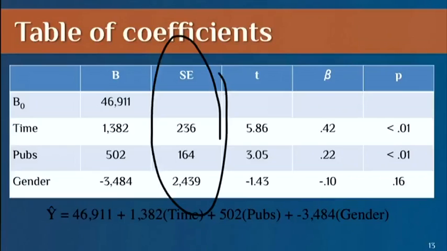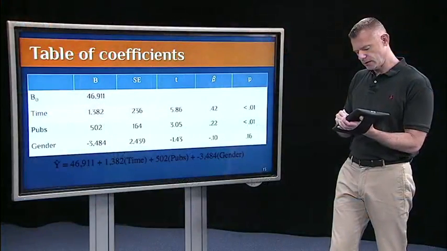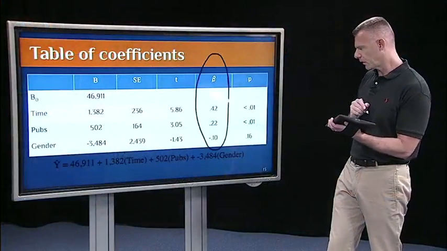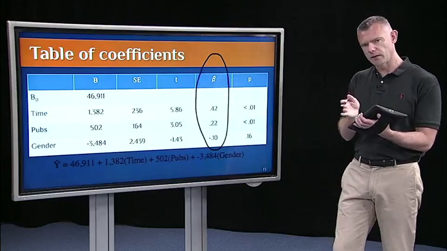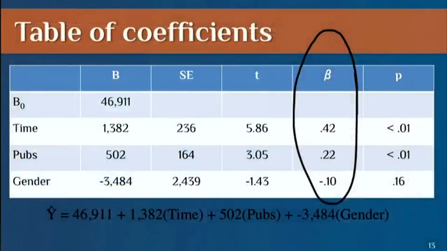Remember, because each one of those is just a point estimate, now that we've talked about confidence intervals. T is just the unstandardized regression coefficient over standard error. I'm using beta here to reflect the standardized coefficient, and I just put that in so you could compare them. And then you get a p-value associated with each one. And then down here at the bottom is just the overall regression equation.